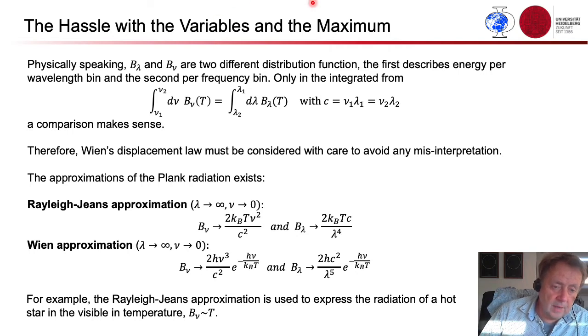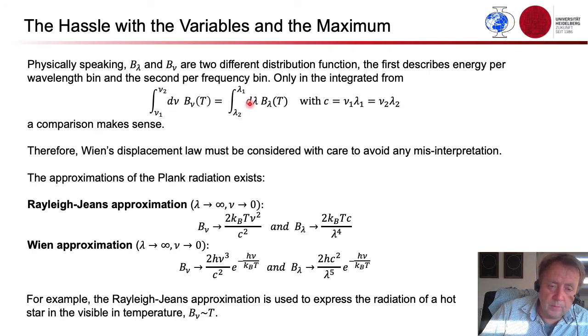So you can compare an integration of the frequency representation of the Planck function over a window from nu1 to nu2, and then you have to integrate the wavelength representation over a corresponding wavelength interval, which I call here lambda 2 to lambda 1, where the frequency and the wavelength are related by this dispersion relation that we already derived relatively early in that lecture, right?